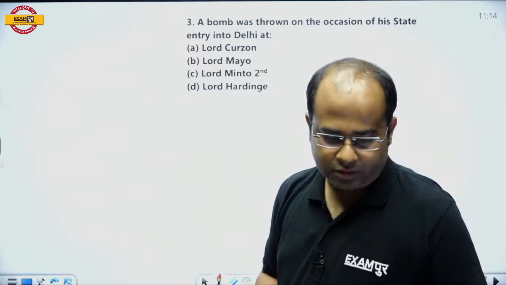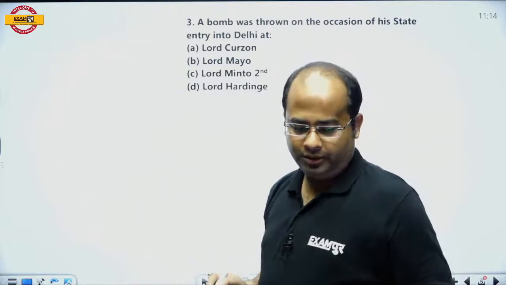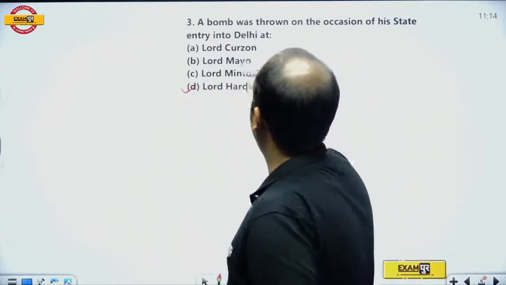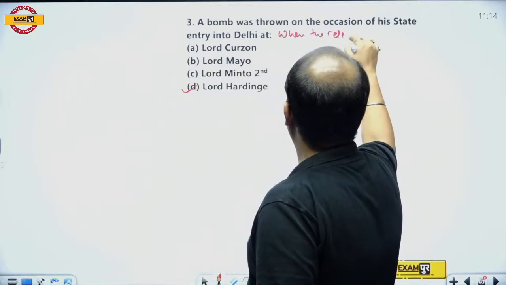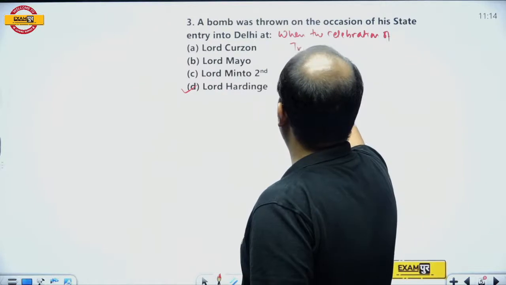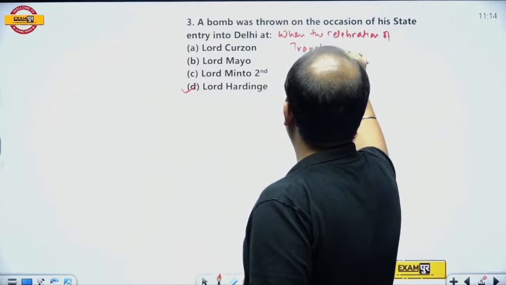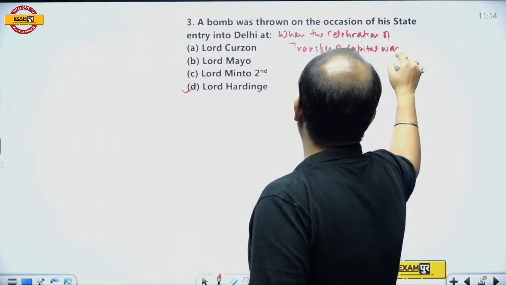So guys, a bomb was thrown on the occasion of the state entry into Delhi. That was thrown on Lord Hardinge when the celebration of the transfer of capital was going on.